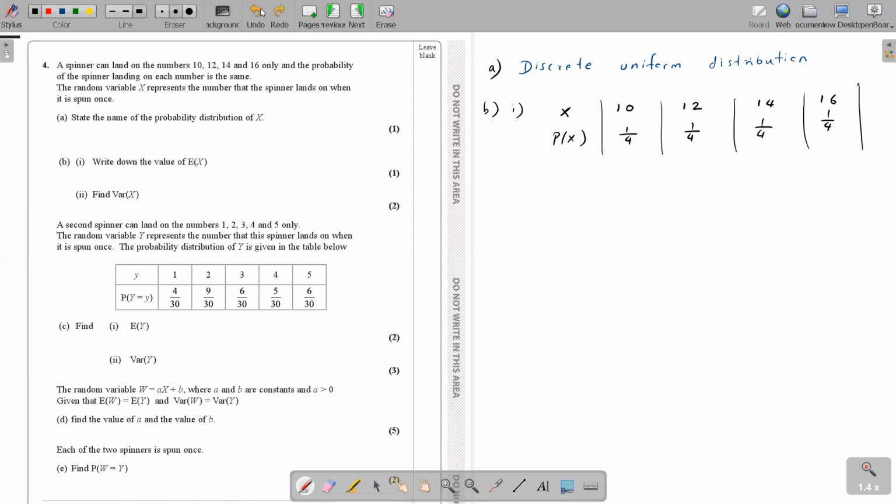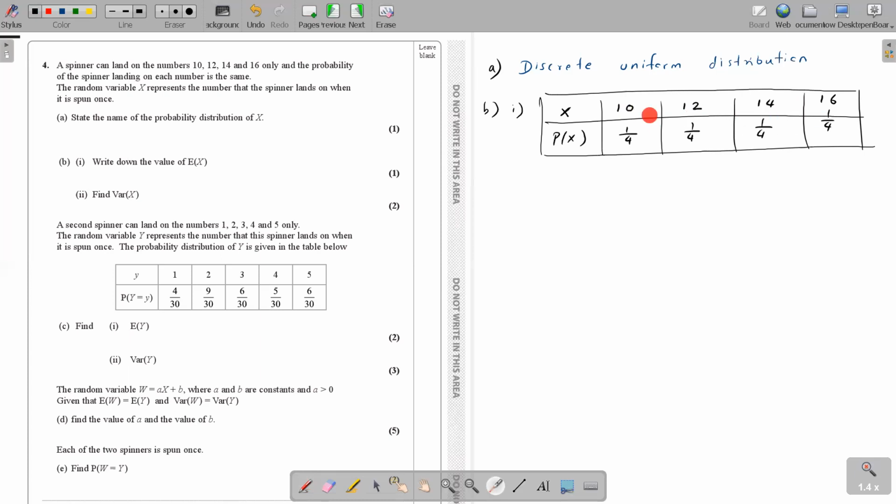Drawing the table is fine to give you an idea. But since it's a discrete uniform, don't use the formula. I think there was a formula in the book for E(X) and Var(X), n plus 1 over 2 or something. You can't use that when you have figures like 10, 12, 14, 16. You can use it when you have 1, 2, 3, 4.